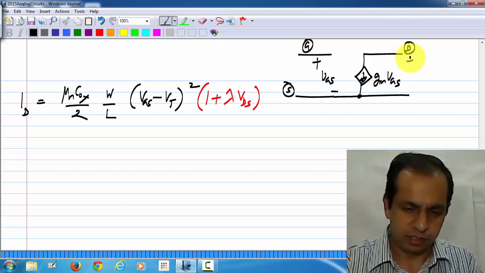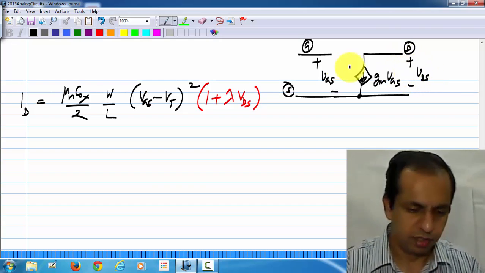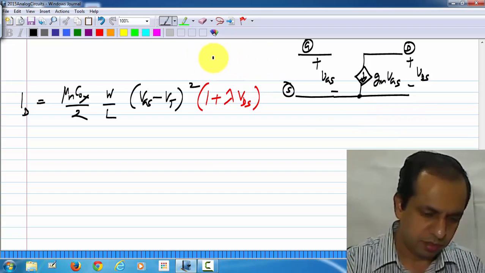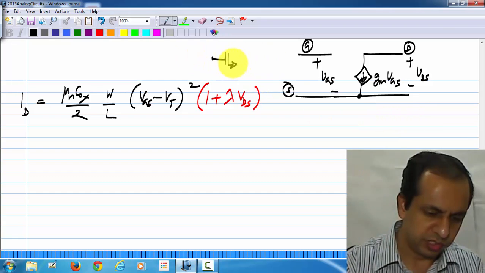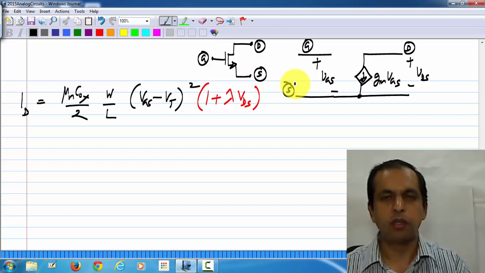And this is the incremental VDS. This, by the way, is the small signal incremental model, and the symbol for the MOS transistor itself is like that.